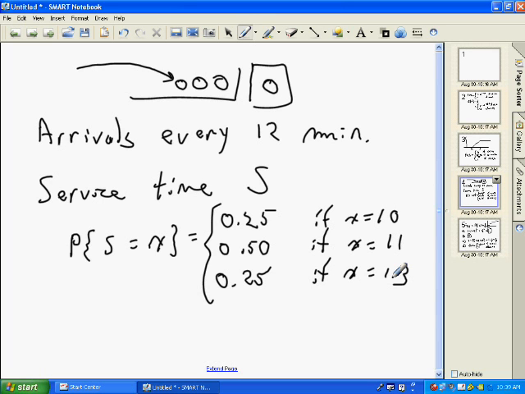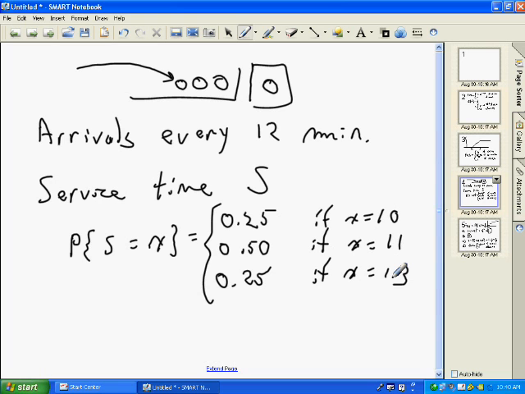So we're only going to have one simple source of randomness, and that's the service time. We're going to have to describe it somehow. We're going to do this by hand instead of on the computer, so we see what the steps are. I picked these probabilities so we can reproduce it easily. We're going to toss two coins.